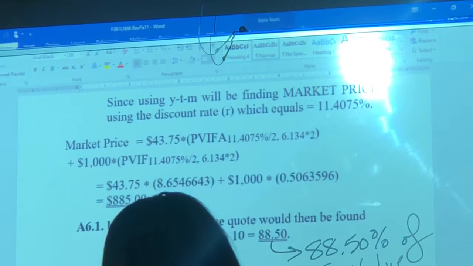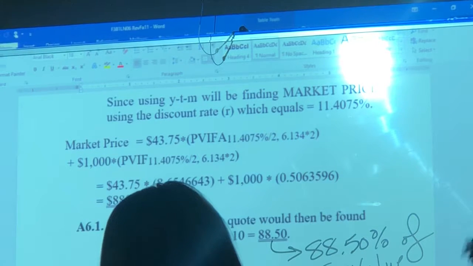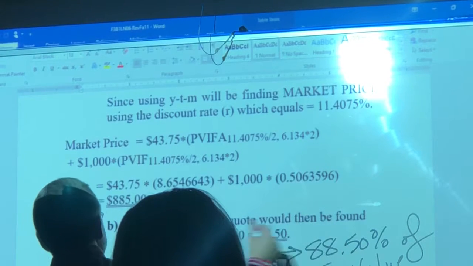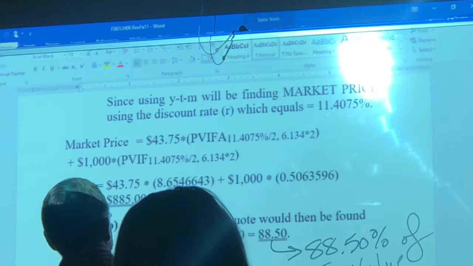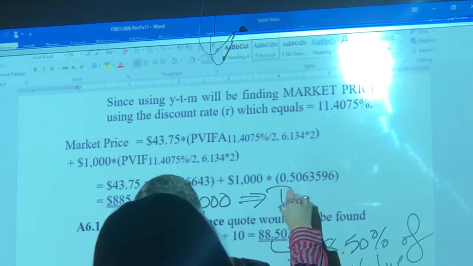So is it selling at a discount or a premium? Discount, exactly. Because it's less than 100. This is less than 100, or this is less than 1,000, same difference, discount.